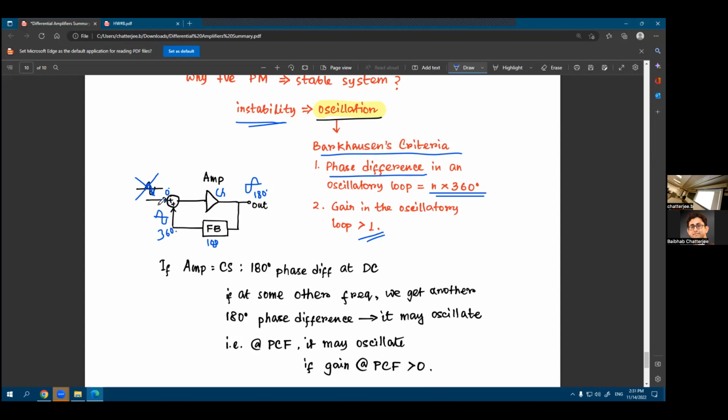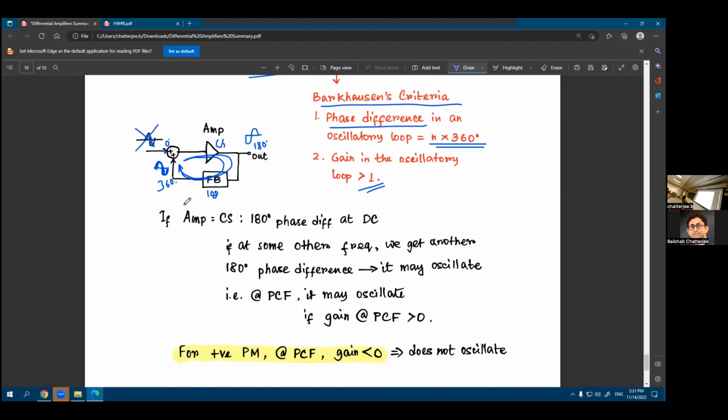So if you cut off the signal now, if you are not providing any signal at this point, still you will see that there is an input present, which is this feedback input, which is exactly at the same phase as your original input. So again, it will go through the same loop, come back as the same input, again and again. So that's the concept of oscillation.